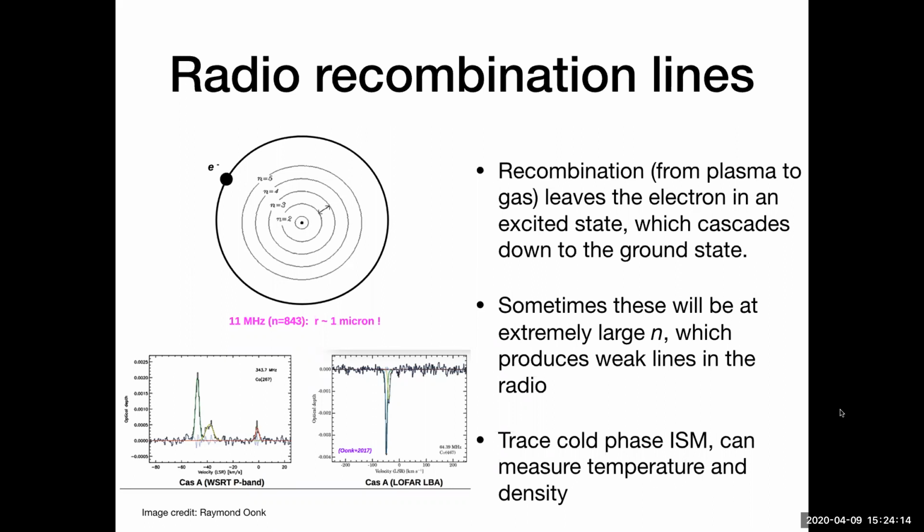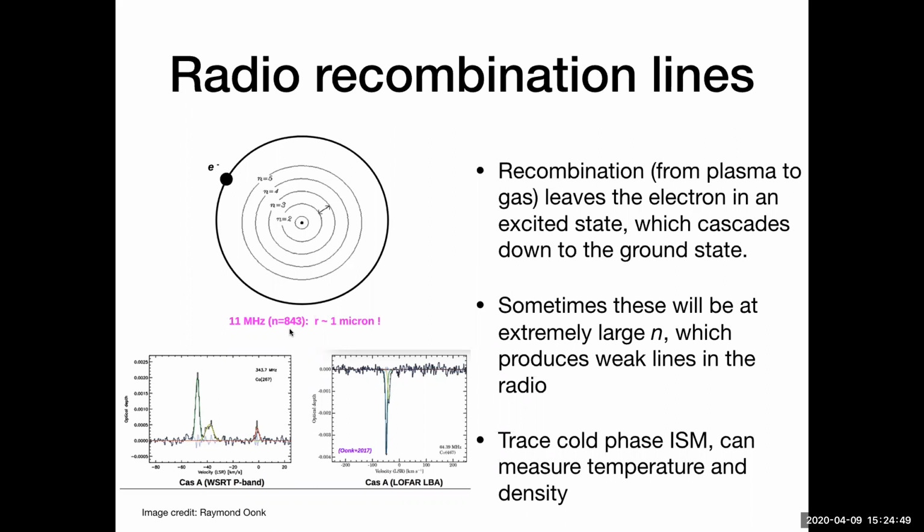But there is a radio counterpart, and that's because sometimes these recombinations will leave the electron at a very, very high N state, states of several hundred N, and then the electrons take some pathway back down to the ground state. And there are some nifty aspects to this. Like when you get a hydrogen atom with a really high N, somewhere around 800, the size of the electron orbitals is huge.